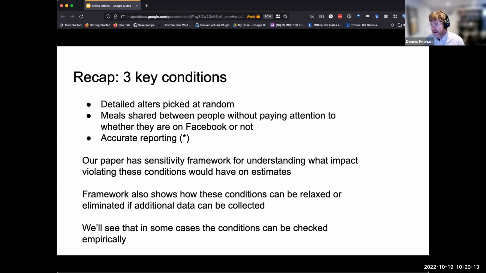If you look at the sensitivity framework, you see that we don't need every single report to be exactly accurate. We need, on average, for reports to be accurate, which is a somewhat weaker condition. So you can look at the paper for the sensitivity framework if you're curious about that. Another nice thing about the sensitivity framework is that it shows how these conditions might be relaxed if we can collect additional data, and I'll talk about that a little more towards the end of the talk.